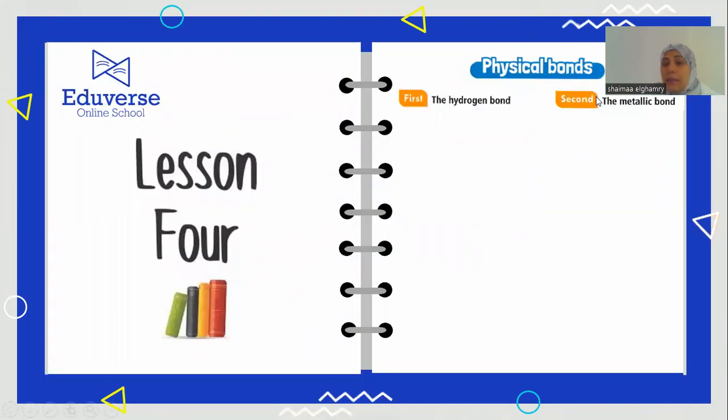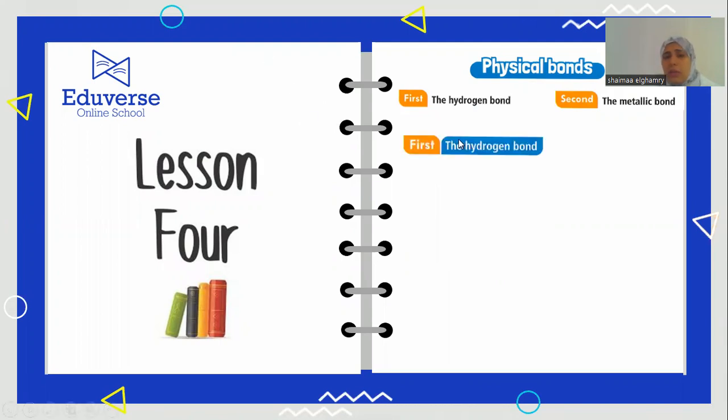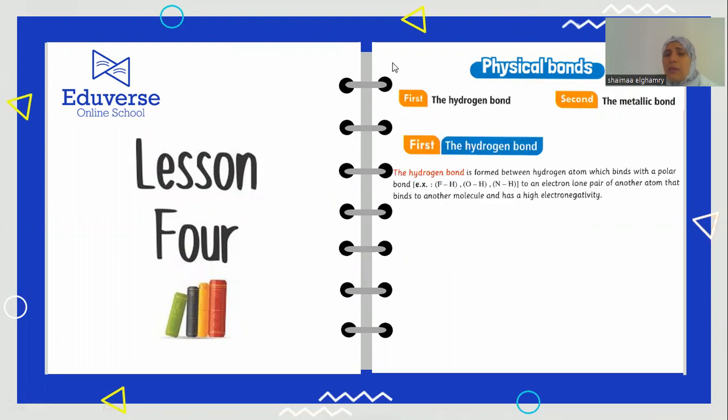Finally, the physical bonds. The physical bonds are hydrogen bonds and metallic bonds. Usually, hydrogen bonds take place between one molecule which contains hydrogen and another molecule which contains an atom with high electronegativity.